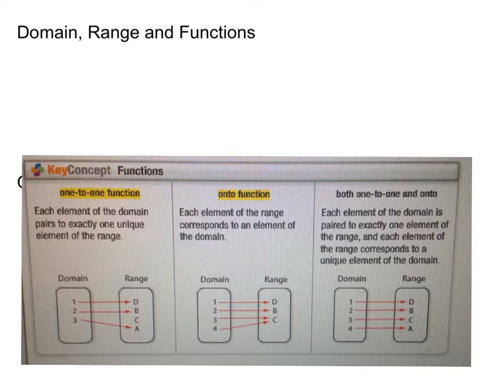Functions. The definition of a function is that for any input, there is at most one output. Or maybe another way to say that is for any input, there is a unique output. So if I had an x value go into a function, the most I would get out is one.